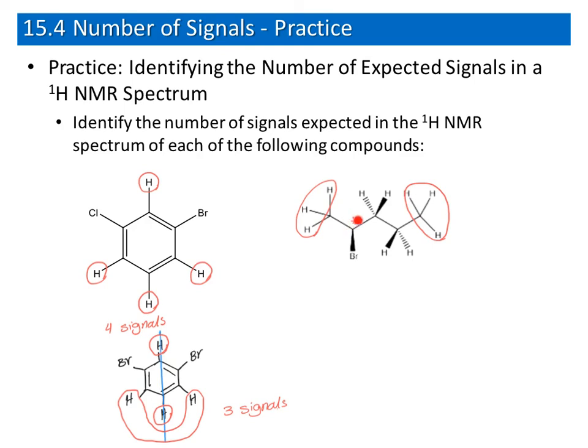Now since we have a chirality center, the hydrogens on the CH2s are not identical. So they are not equivalent, therefore we are going to see a signal for each of them. So we have one CH2 here and one CH2 here. So overall we are going to see 6 signals in hydrogen NMR for this compound.